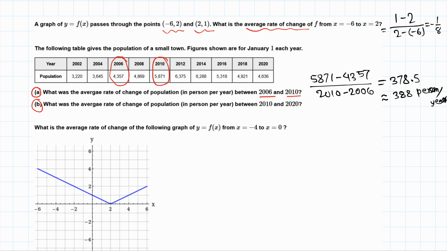In part B, it's the same thing. Between 2010 and 2020, we don't need this one, 2010 and 2020 here. So change in y, 4636 minus 5871, that's the rise, divided by run, 2020 minus 2010, that's 10.